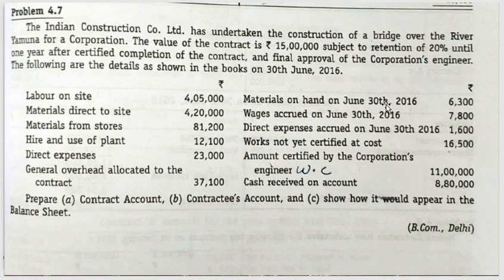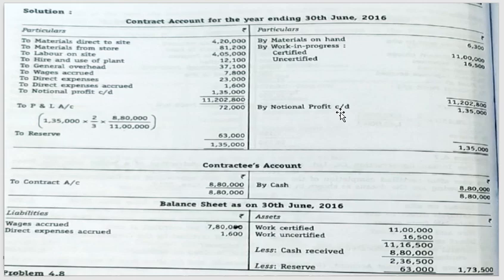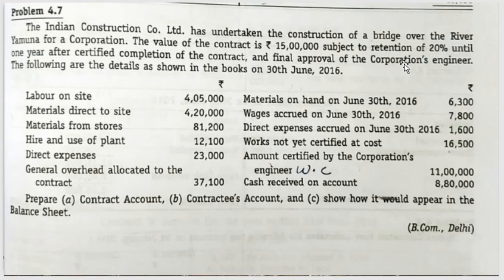Next we have materials on hand on 30th June 2016, which is a closing balance of materials, so it will be appearing on the credit side by materials on hand 6,300. Next we have wages accrued on June 30th, 2016.